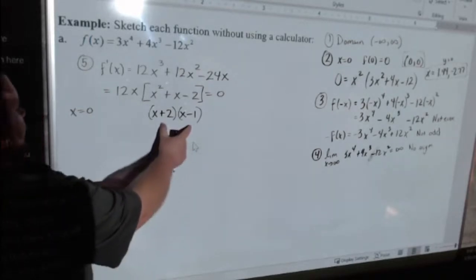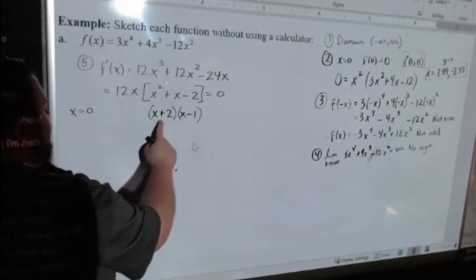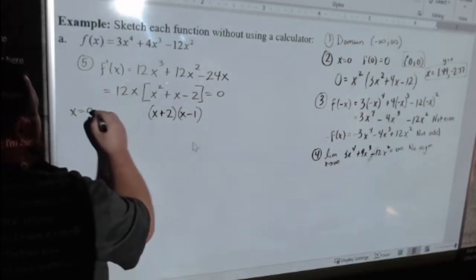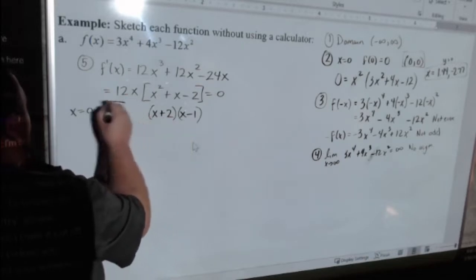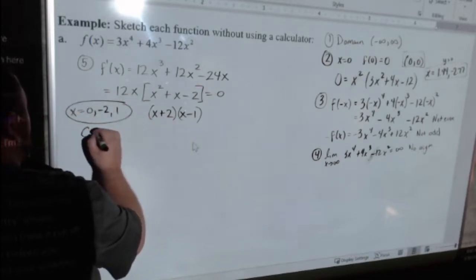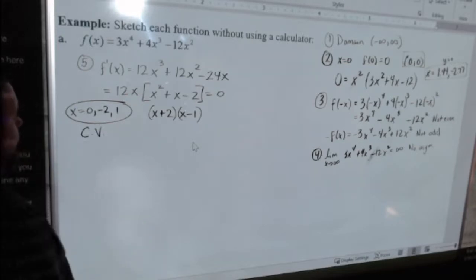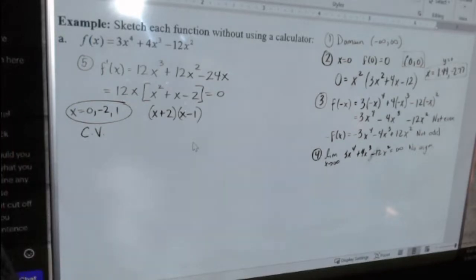If we set those to 0, we get x equals -2 and x equals +1. These are our critical values. That allows us to break up the number line.